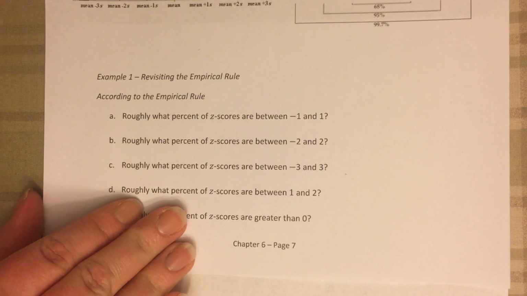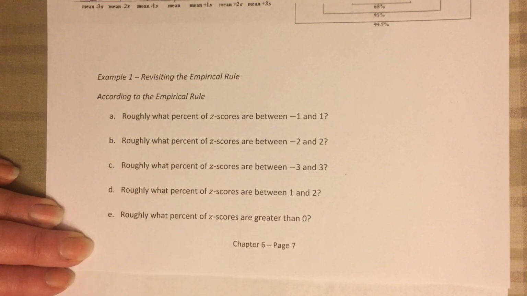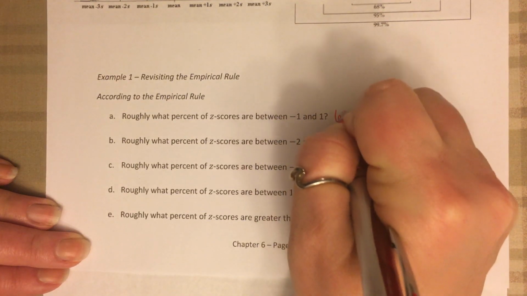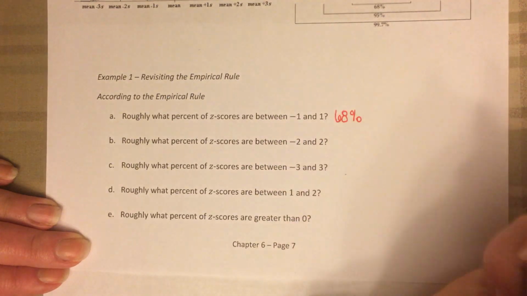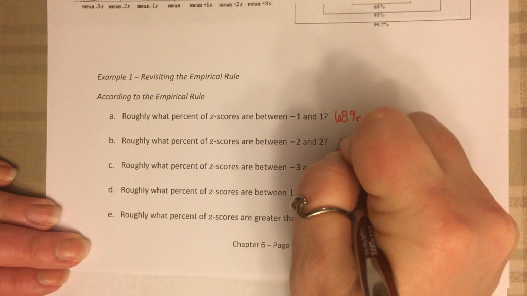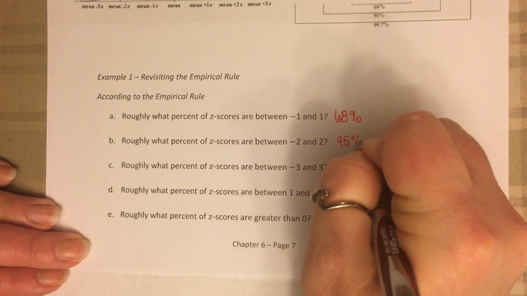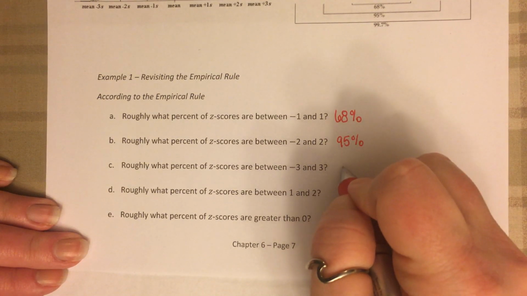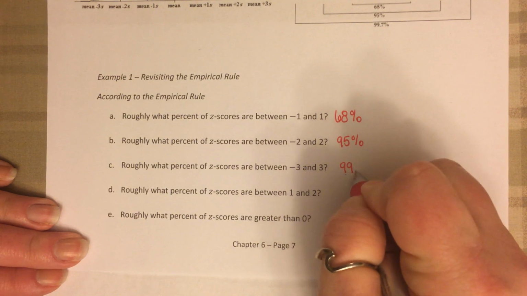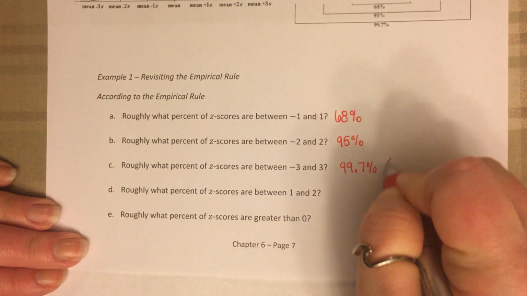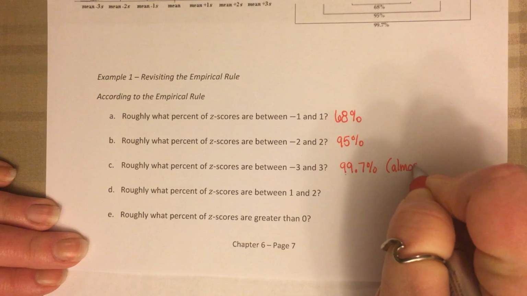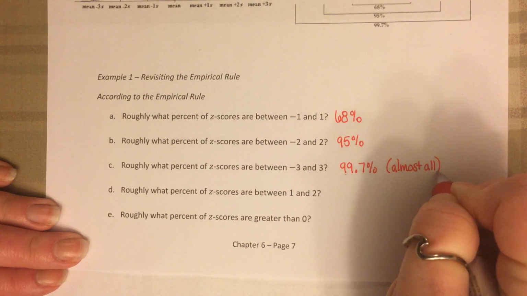Roughly what percent of the z-scores are between -1 and +1? Remember that should be 68%. Between -2 and +2 is 95%. Between -3 and +3 is 99.7%, or almost all of our observations.